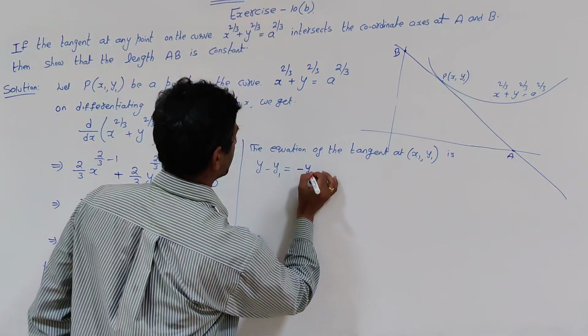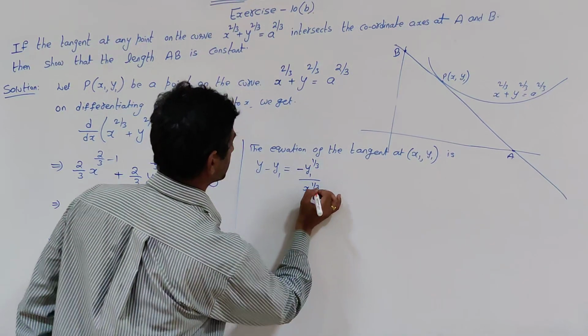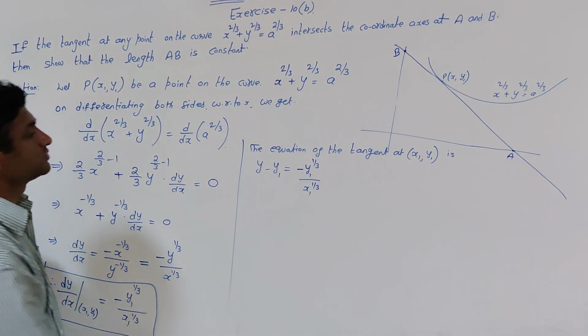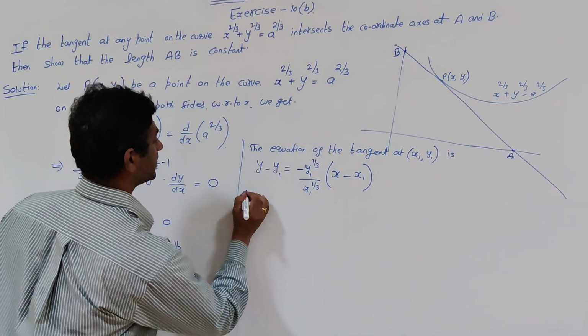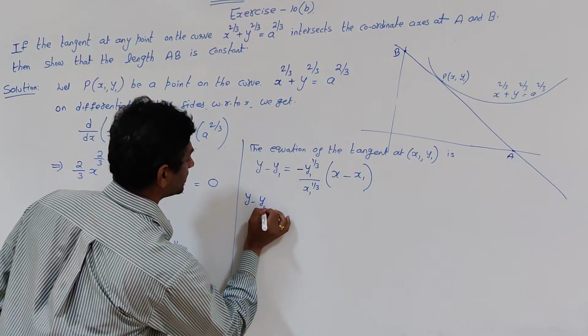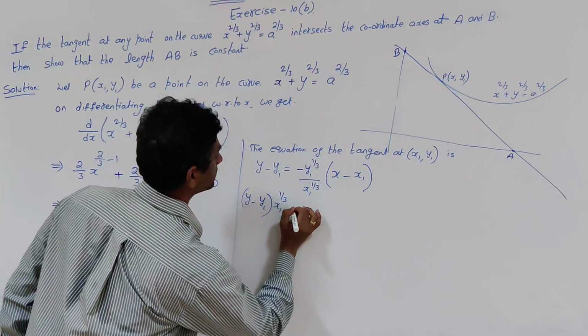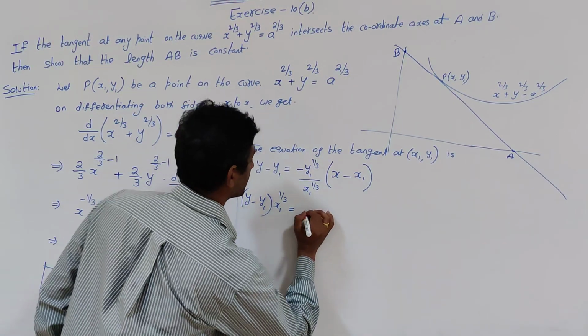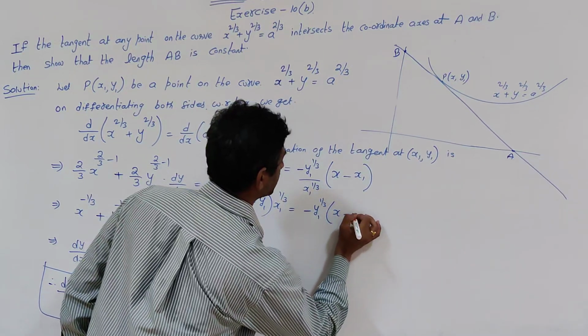Minus y1 to the power of 1 by 3 by x1 to the power of 1 by 3, times x minus x1. Take the cross product. y minus y1, times x1 to the power of 1 by 3, is equal to minus y1 to the power of 1 by 3 times x minus x1.